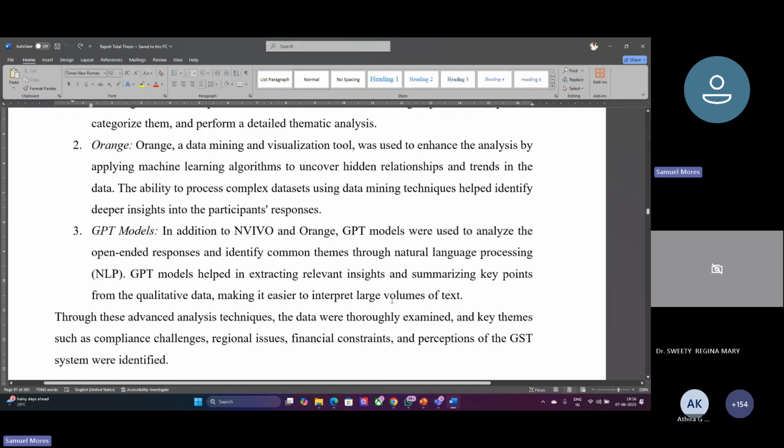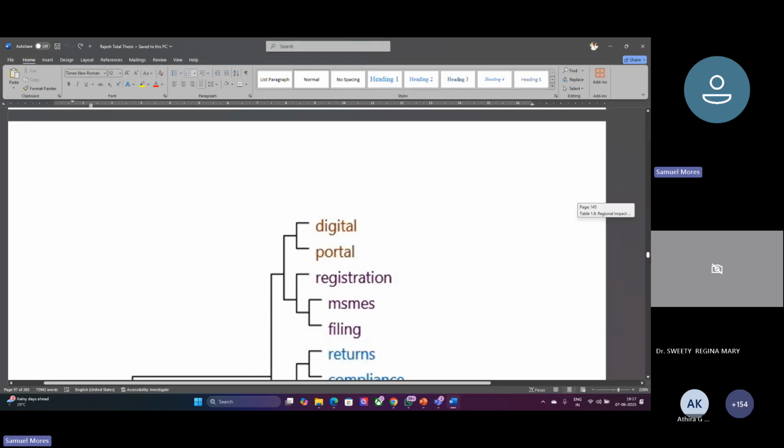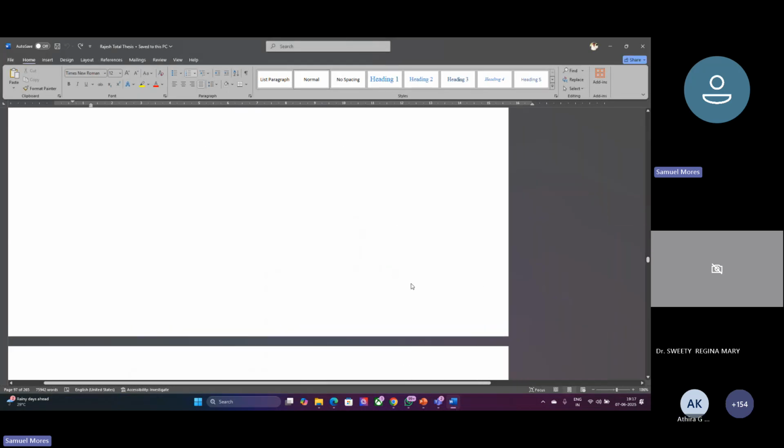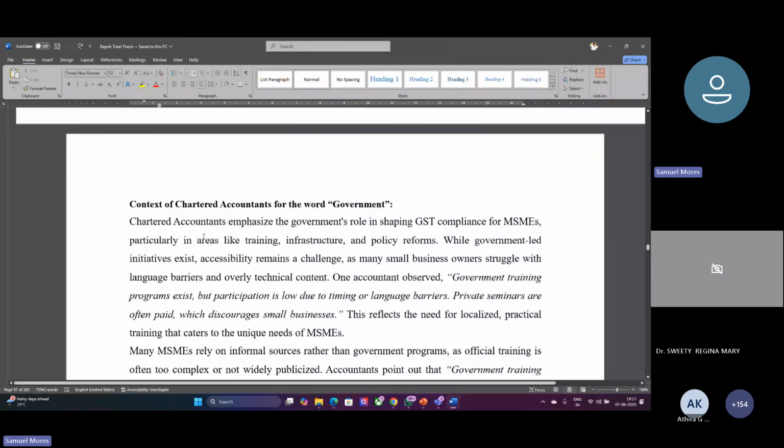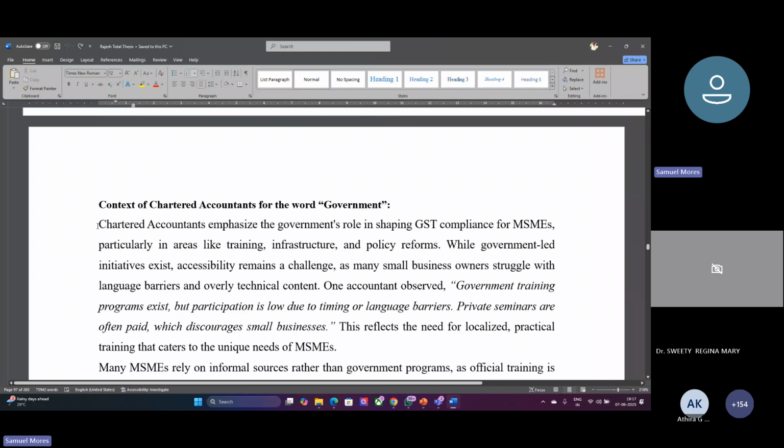But I will use direct quotes if it is information from interviews. For example, here I'm writing about chartered accountants. Can you see my screen? Yes, sir. Chartered accountants emphasize the government role in shaping GST compliance for MSMEs, particularly in areas like training, infrastructure, and policy reforms.